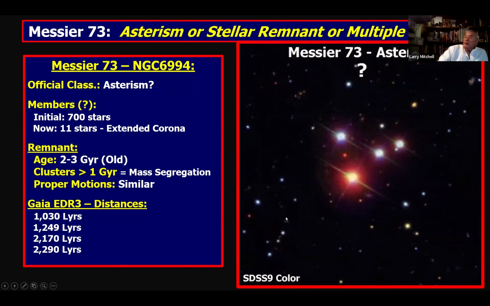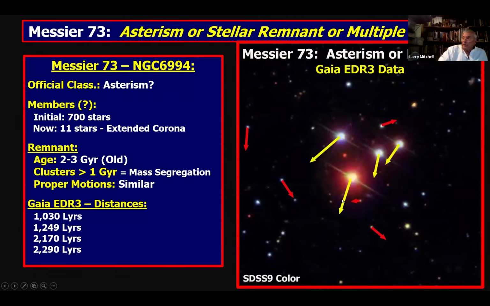I think there's a good case maybe made for the fact that instead of being an asterism, this is what we call a stellar remnant. Because if you put the Gaia data to it, this cluster is 2 to 3 billion years old. These stars are moving not identically in the same direction, but sort of. In the period of 2 to 3 billion years, there could have been some drift.